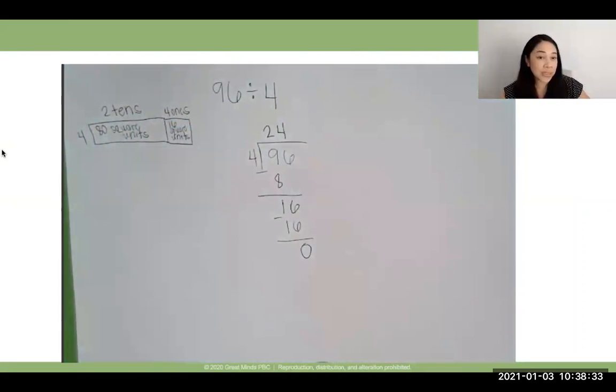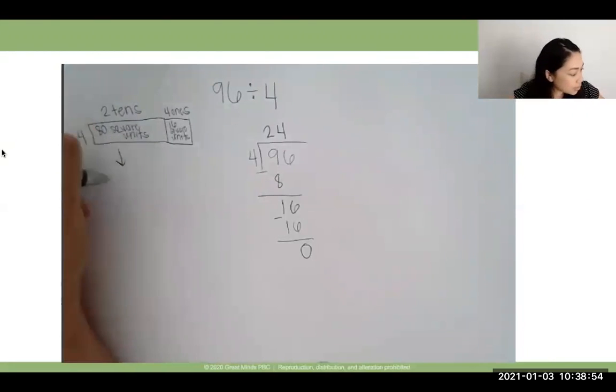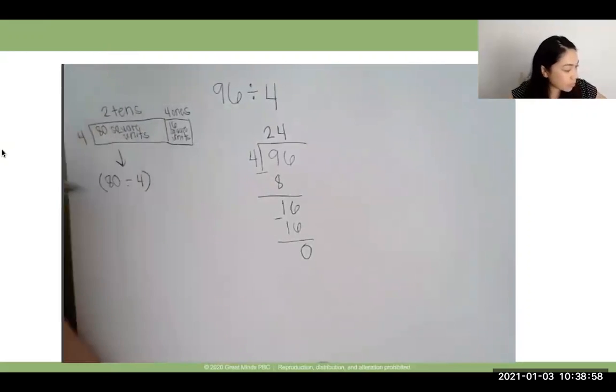How can we express the length of the unknown side using the distributive property? Let's start with the first part of 80 square units. What expression can we write to illustrate how we determine the unknown side length of this part? We did 80 divided by 4.